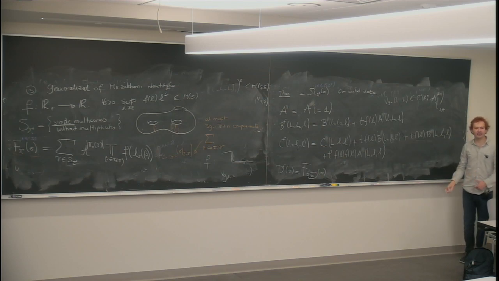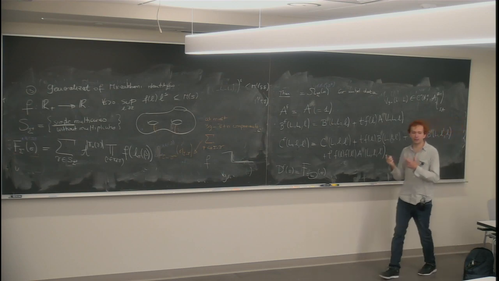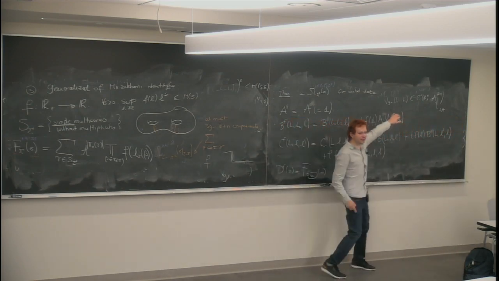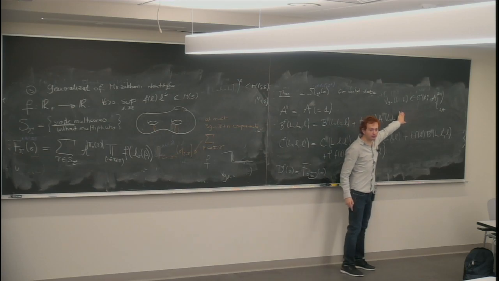You can always find a lift of the initial data to initial data for the geometric recursion that will produce this after you integrate over the moduli space of curves.